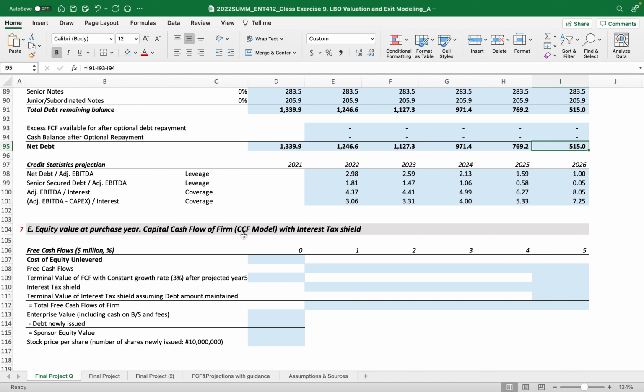But if we use this CCF model, we use the unlevered cost of equity, assuming 100% equity financing, right? Using the unlevered beta from the levered beta of the comparables, we peel out the levered beta to the unlevered beta so that we can use the unlevered cost of equity.